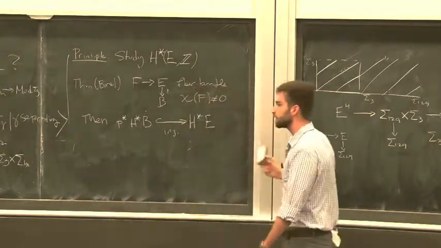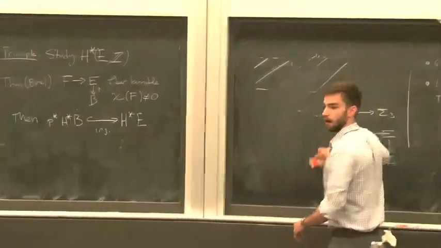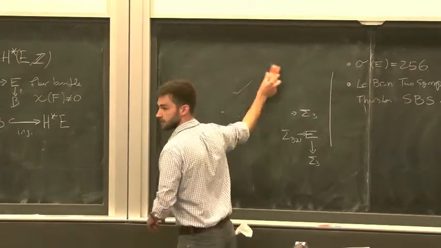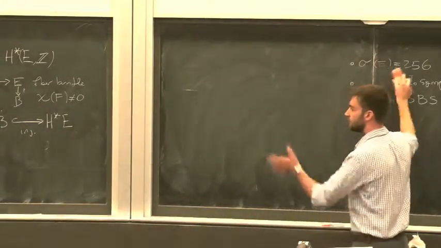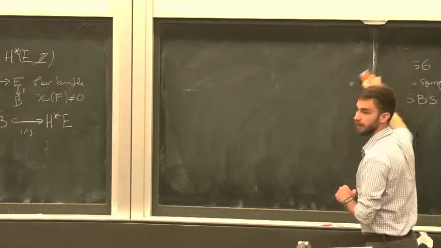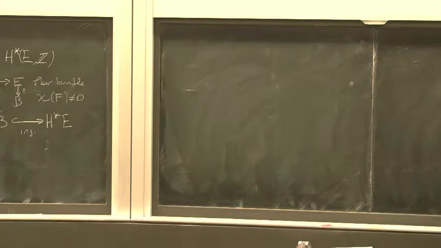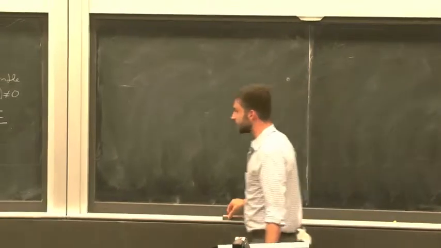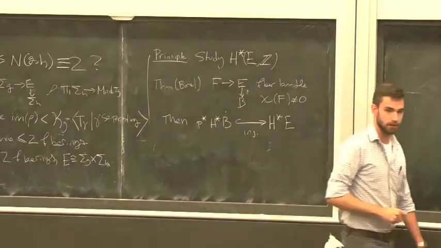But this is only as good as your ability to compute the cohomology ring of the total space of a surface bundle over a surface. And that's really the heart of what goes into the theorem that I wrote down here. This theorem is just an application of the computation that I did of the cohomology ring of a surface bundle over a surface.